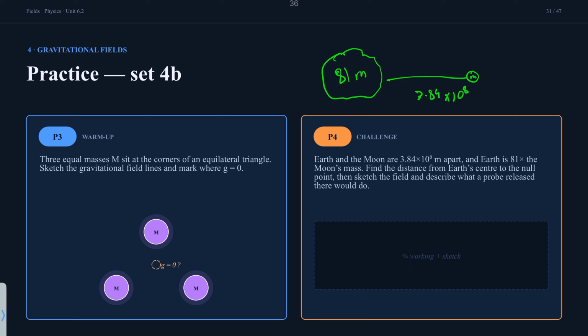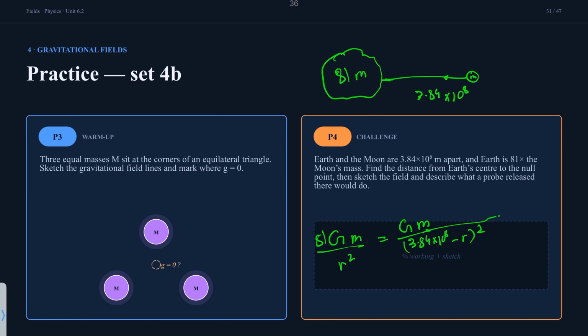Here, we can do the same equation: big G times 81 times m over r squared this time, and then set that equal to the moon's field, which is just big G m over 3.84 times 10 to the 8th minus r, whole squared.